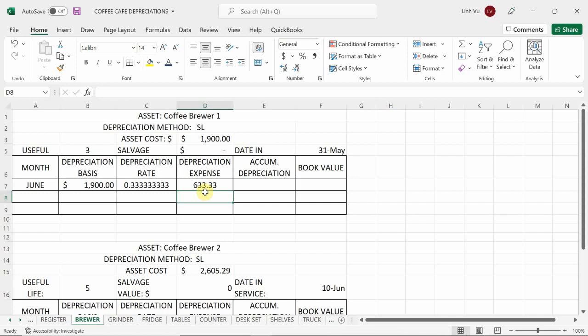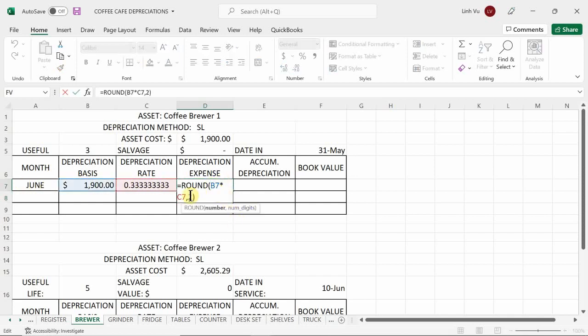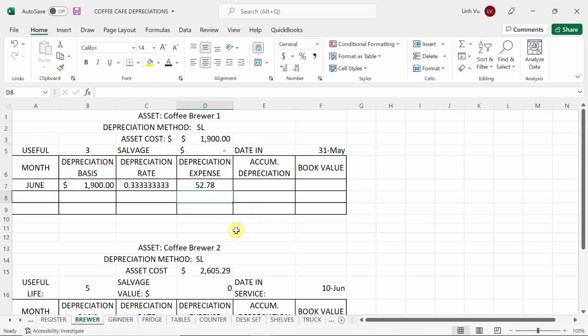So in this case, I am not depreciating for $633.33 because that's for 12 months. I need to divide this whole thing by 12 because I'm only depreciating for 1 month, which is the month of June. So I'm going to go into the formula and divide this entire thing by 12 to get a total of $52.78.